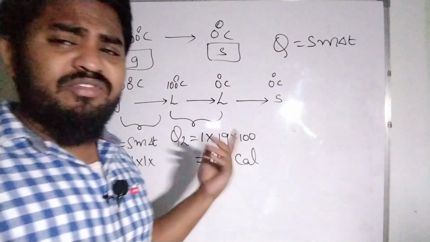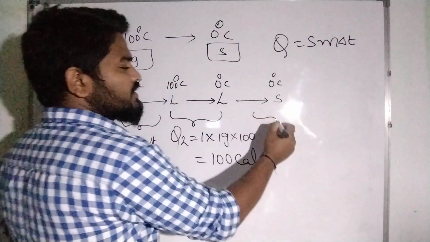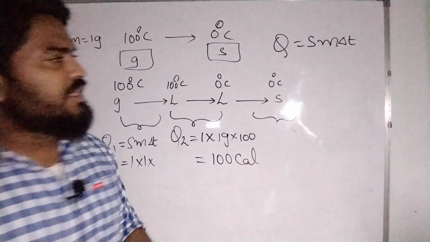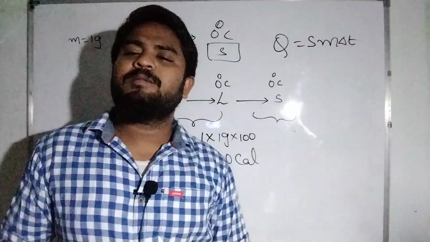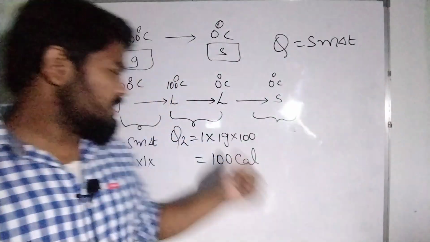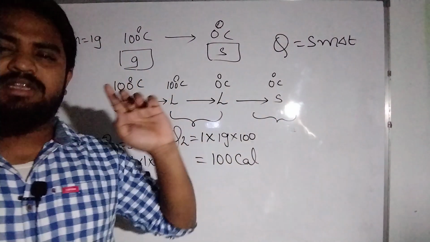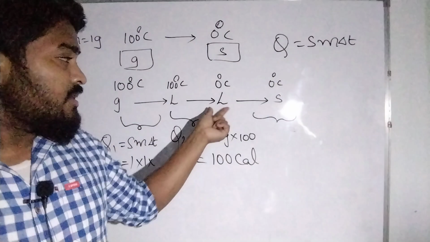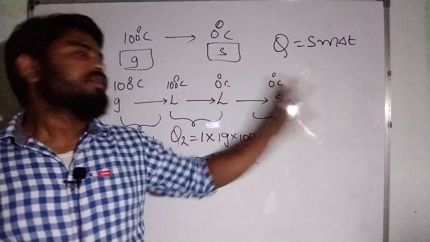The same scenario you will face in another place also, here in the third stage. In the first stage there will be no change in temperature, so you cannot use this formula. In the second stage, it's okay. In the third stage, again there is no change in temperature. Here the liquid is converting to solid, but the temperature is constant.